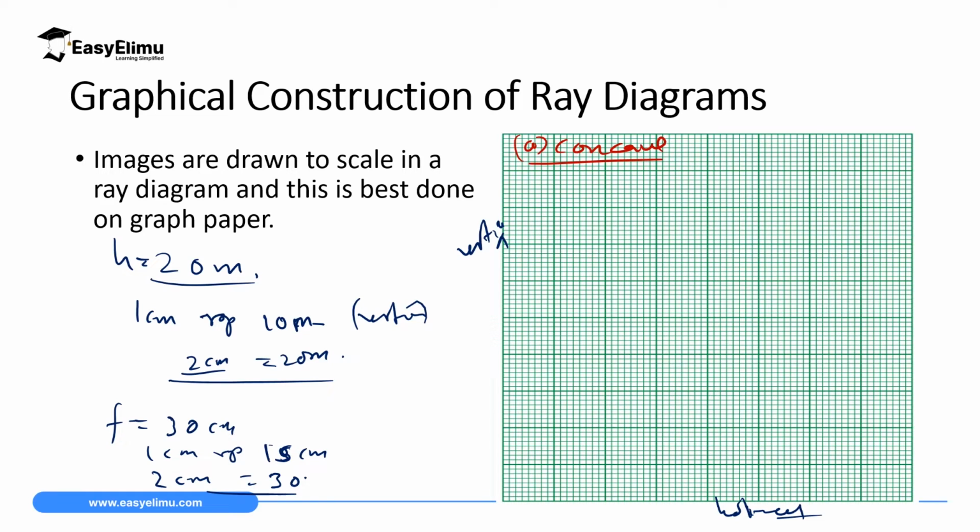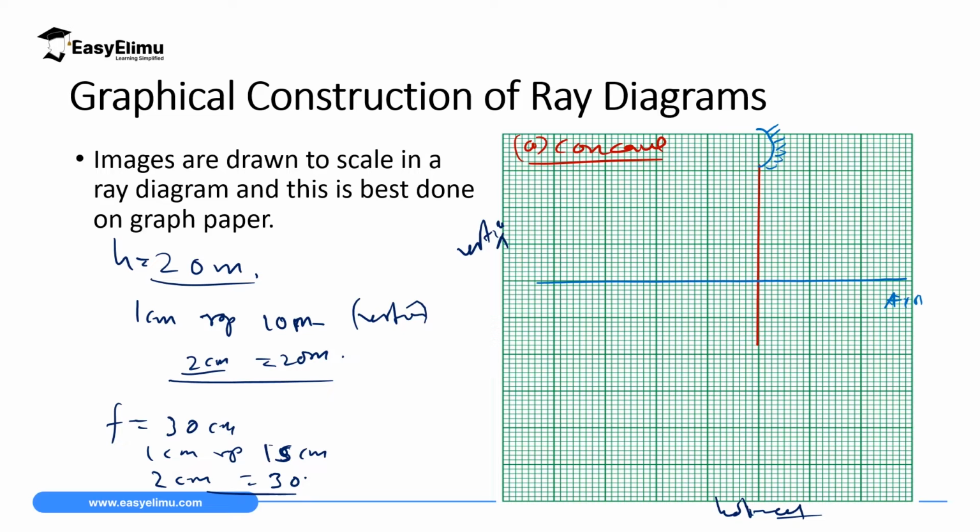You have to draw a vertical line which will represent the mirror that you are using. Then you have to draw a horizontal line which will represent the principal axis. So the horizontal line here represents the principal axis, and this one is the mirror, in this case the concave mirror. The reflecting surface is facing outside, or it is bending inside.